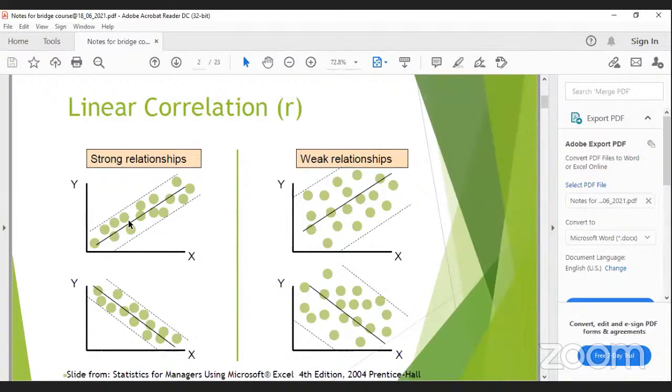This one is very near to this line. So whenever the distance is very near to the line, that means there is a strong relationship between x and y. You can consider so many examples. We will consider the examples maybe later on, but you have to understand the graph in the pictorial way.